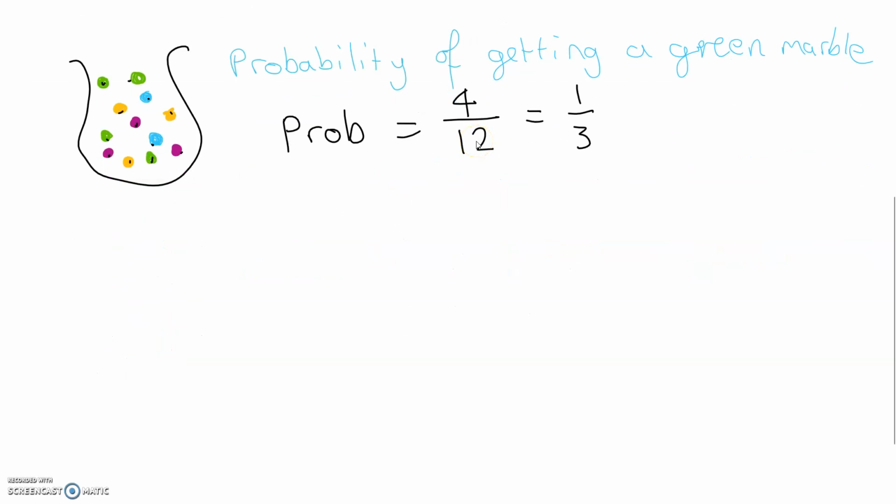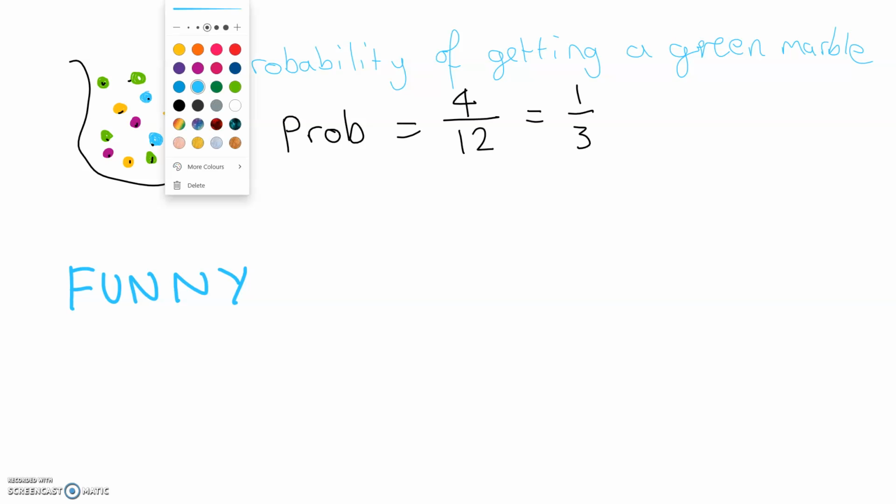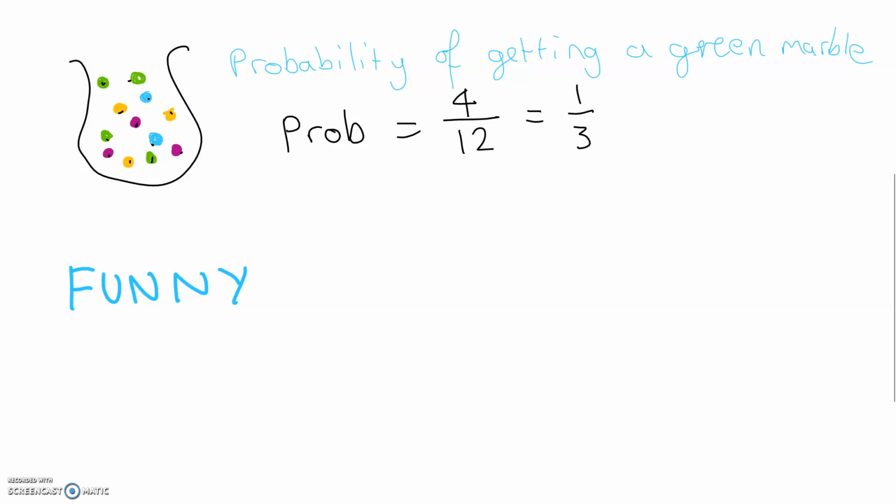Cool. All right, that's a visual example. Let's do one other example. Let's say we've got the word funny. And I want to know the probability of pulling out a consonant, let's say, if we pulled a random letter from this word.